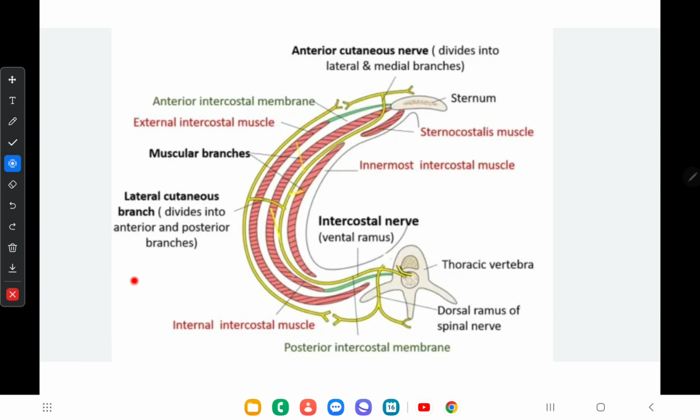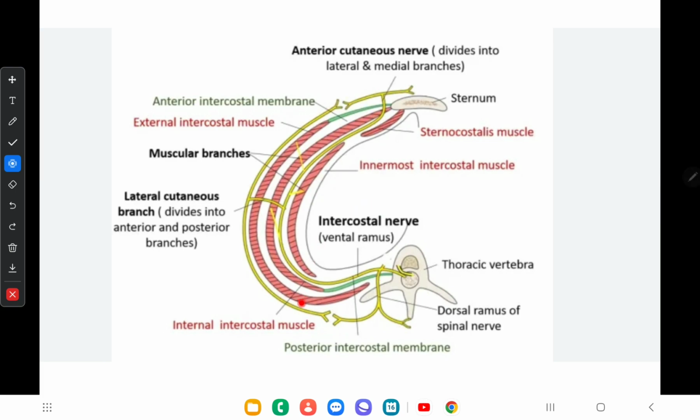Here, as I told you previously, this is the external intercostal muscle, then the internal intercostal muscle, then the innermost intercostal muscle. This external intercostal muscle continues as the anterior intercostal membrane. This internal intercostal muscle posteriorly continues as the posterior intercostal membrane.